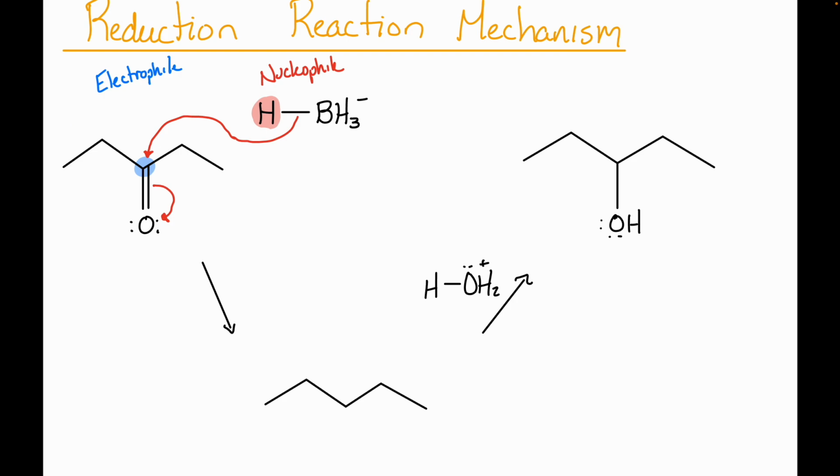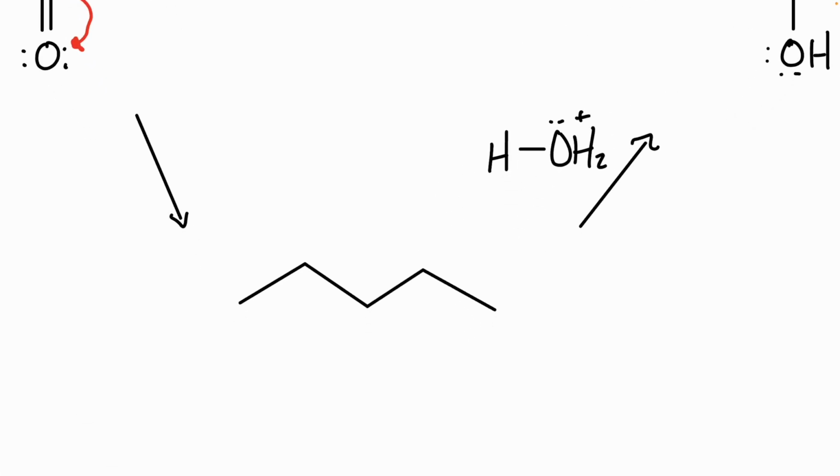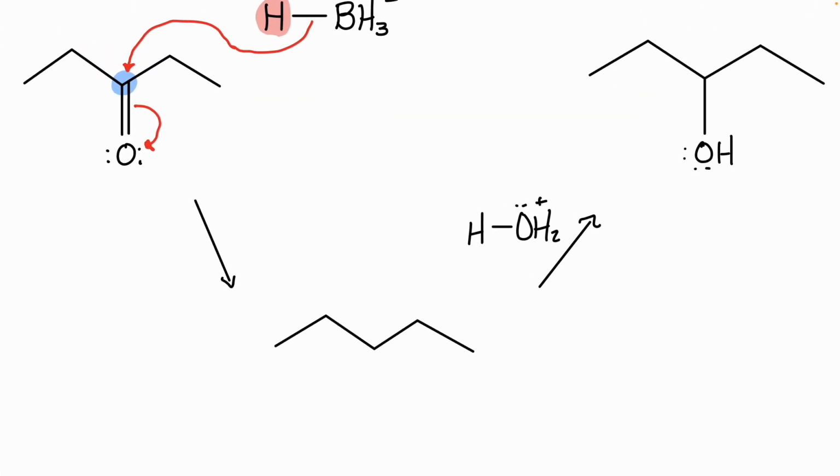So importantly, now I have a new carbon hydrogen bond. I'm going to explicitly draw it in here. That's my nucleophilic hydrogen bound to what was formerly my carbonyl carbon. My carbon-oxygen double bond has been broken, and that pair of electrons is now on that oxygen atom, giving it that net negative charge.